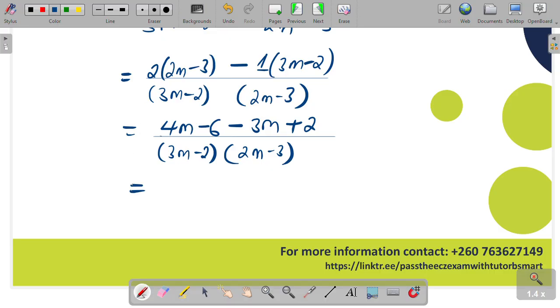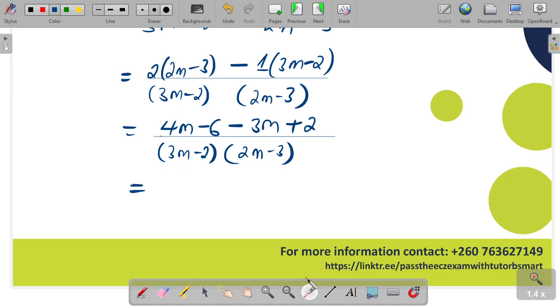All right, so continue. When you reach this stage, you group the like terms. We simplify the numerators. The numerators are here, the denominators are here. We don't touch them. We simplify the numerators. So let's group the like terms.